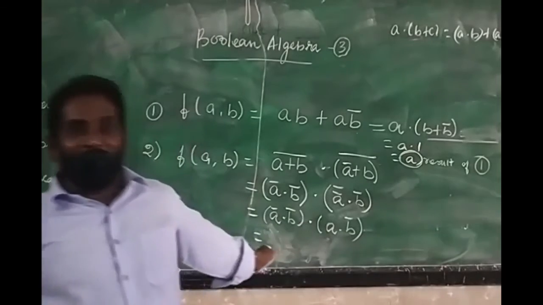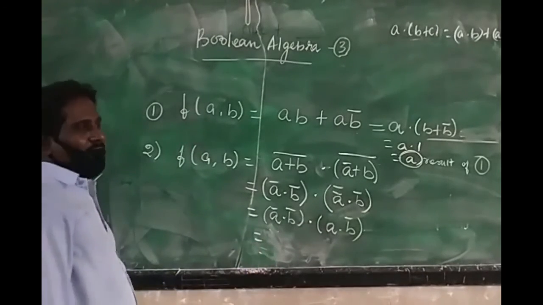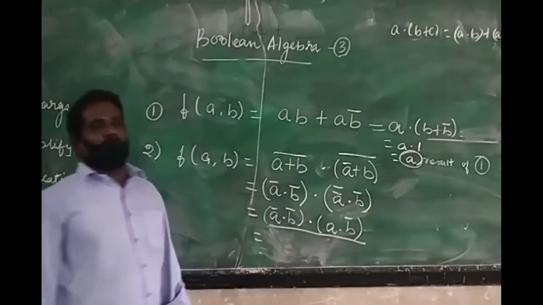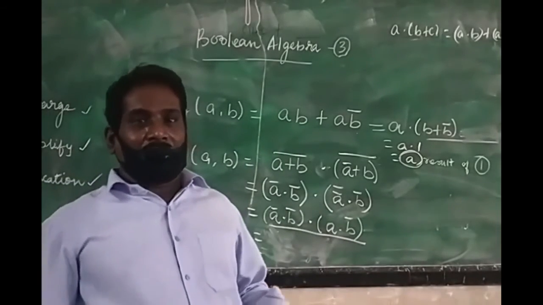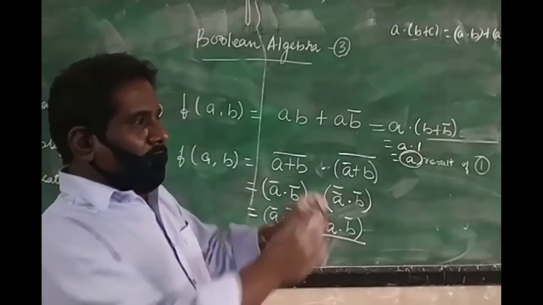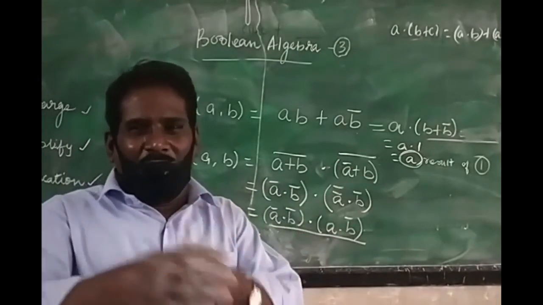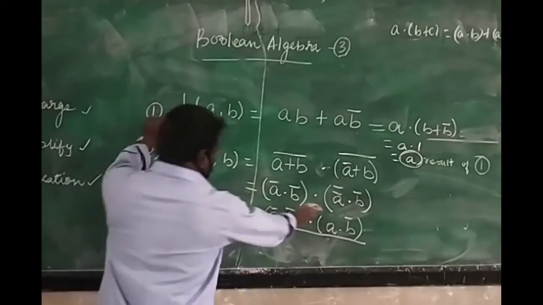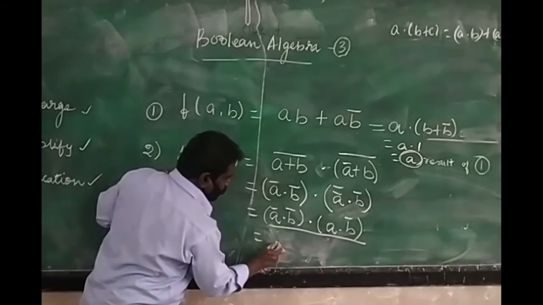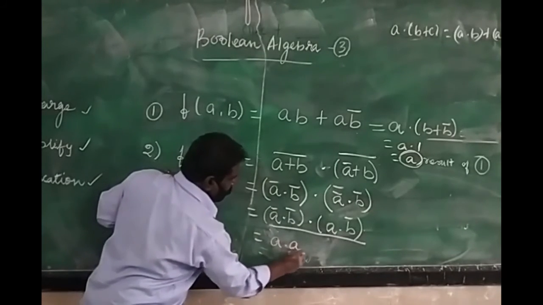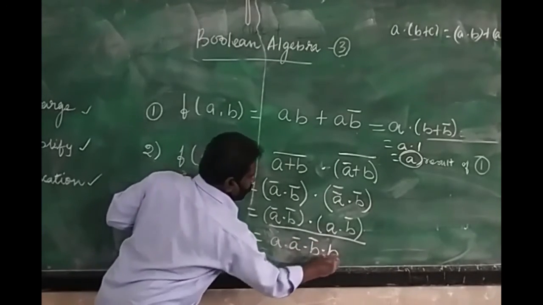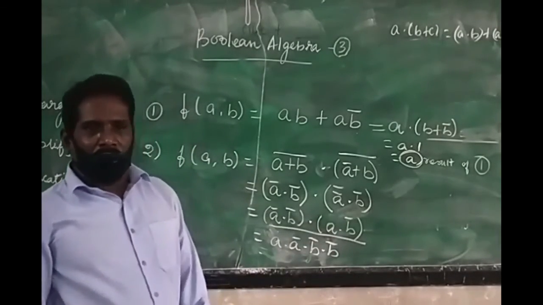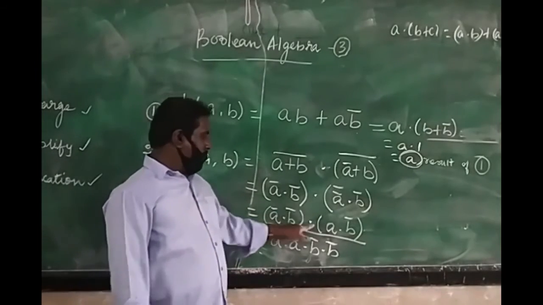So what is the advantage of equal operators? Associative law we have studied. When operators are equal, you can evaluate in any order. You can put the variable here and there: A dot B bar dot B bar dot B bar. According to my own way, I can arrange the variables because all operators are the same.